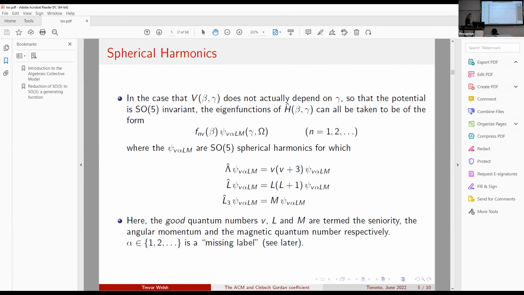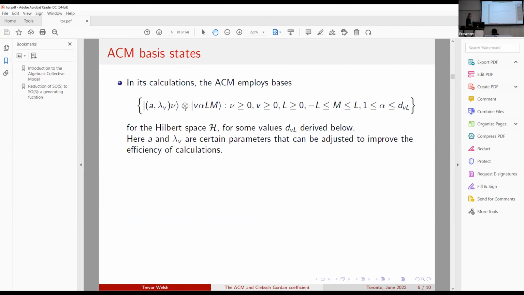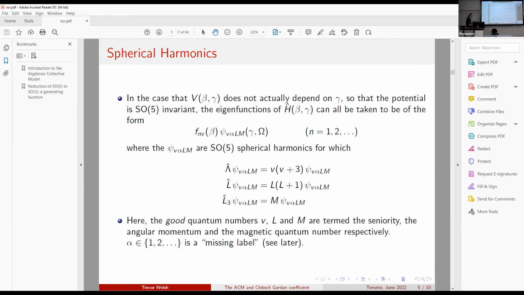This is all pretty standard stuff. Here the eigenvalue of gamma squared is V times V plus 3. For the angular momentum operator it's L times L plus 1 normally, and for the magnetic operator it's M. Sorry, it should be L squared, and that should be gamma squared as well.